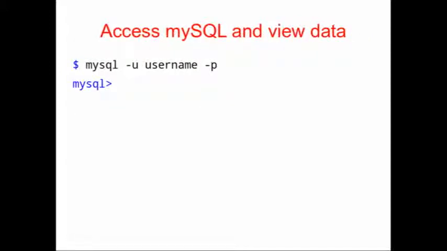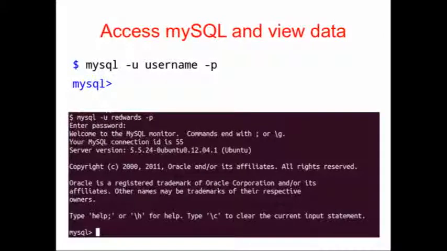Now we're going to access MySQL, and so you can type mysql -u, your username, -p, just like before. My username's redwards, mysql -u redwards, -p. I enter my password and I learn some things about MySQL, what version I'm running, and of course that it's owned by Oracle.